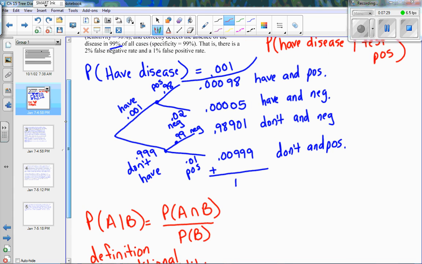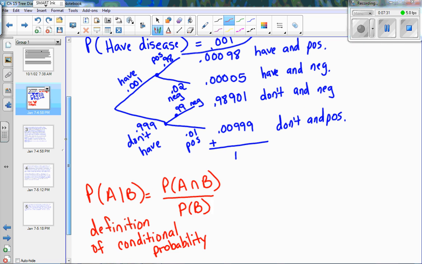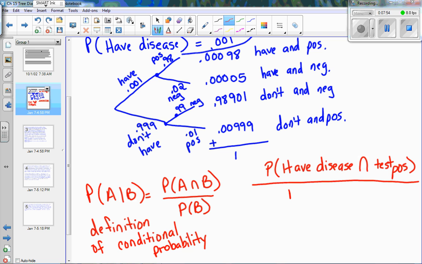So I need to find the probability that they have the disease given they test positive. So I need to find the probability that they have the disease and test positive divided by the probability that they test positive.